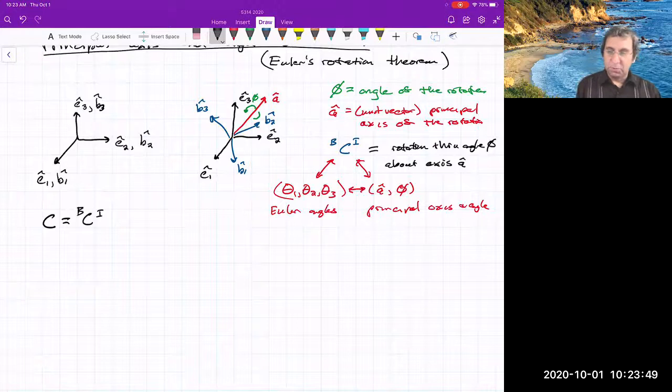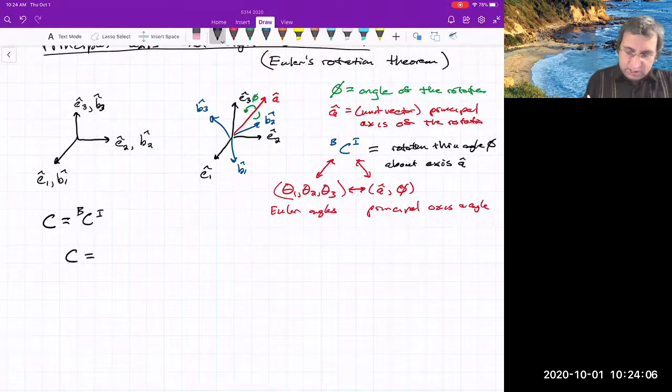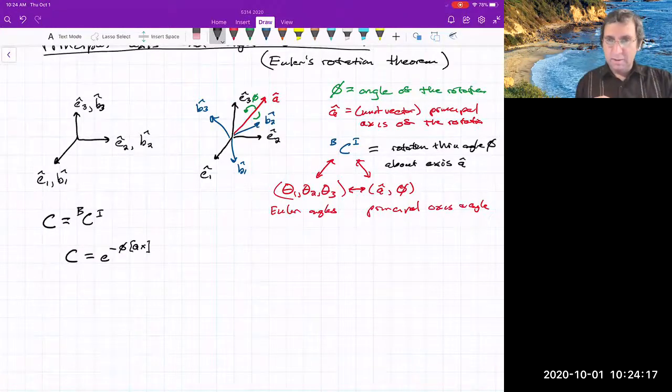The relationship, which we can prove later once we have more machinery related to the kinematic ODE, but for now I'm just going to give to you, is C equals e to the negative phi times the A cross product matrix.